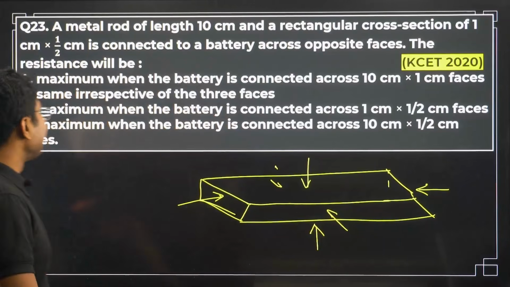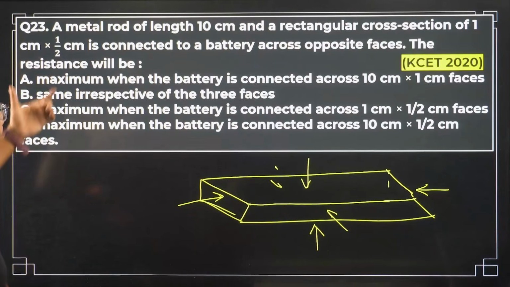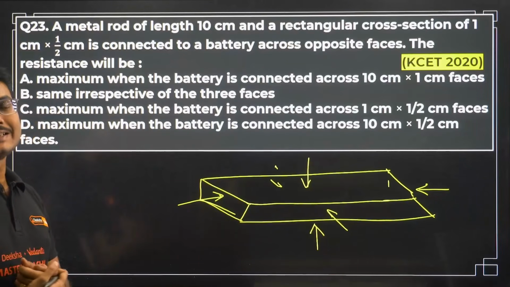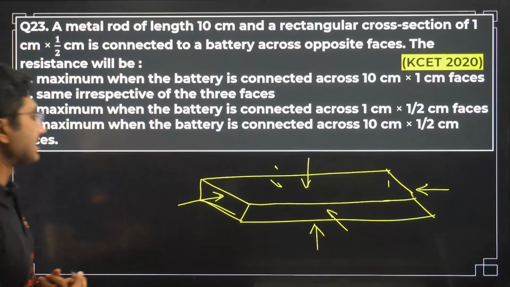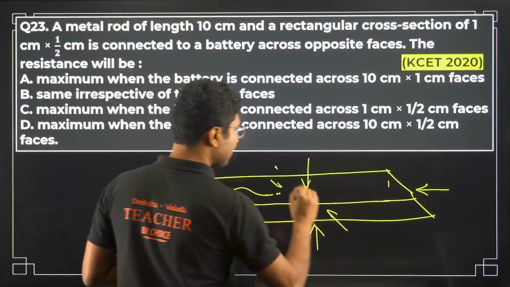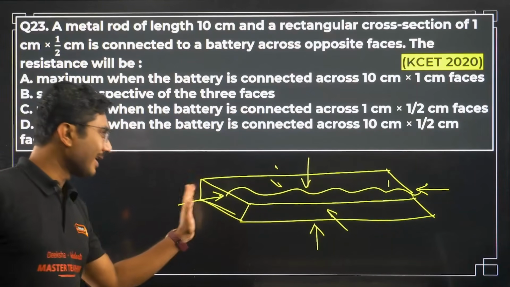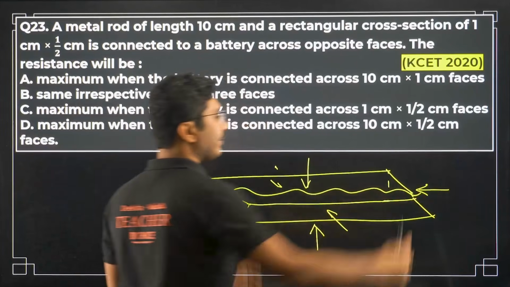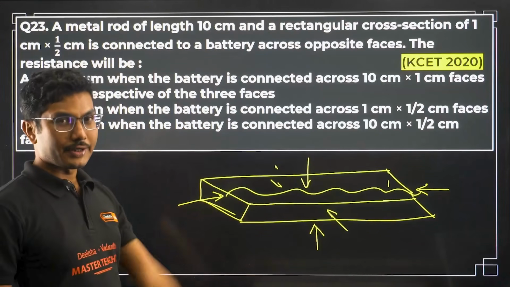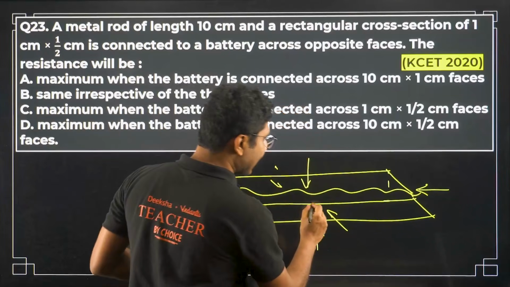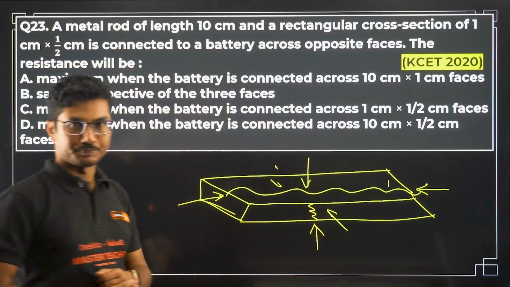Okay, now let's see, in which case will the resistance be maximum? Resistance will be maximum when the length that it has to travel is maximum. If you connect the battery across these two faces, the length it has to cover is maximum. But if you connect the battery this way, the length that it has to travel is the minimum value.